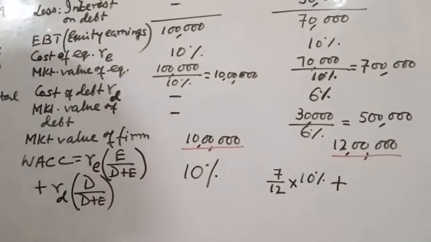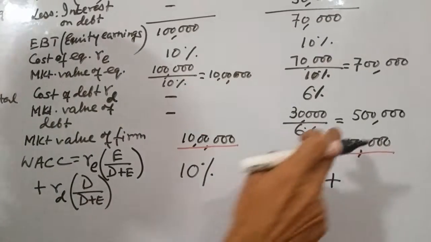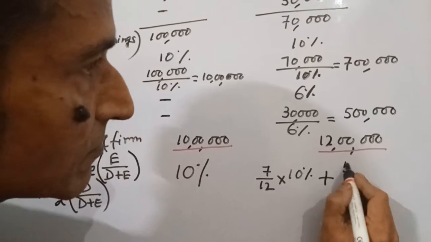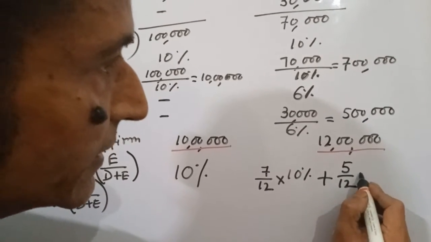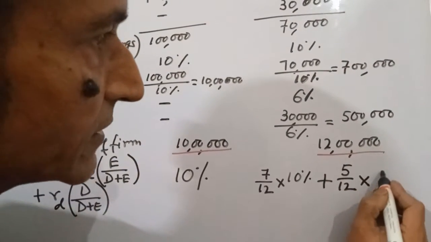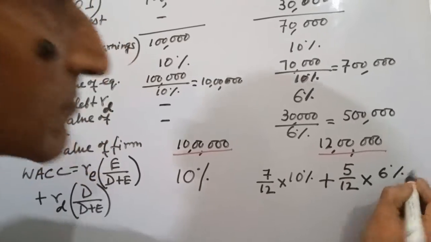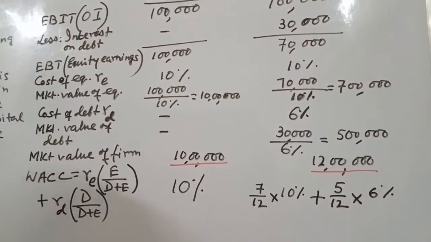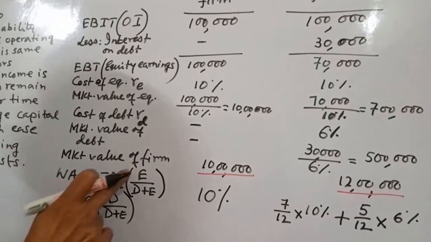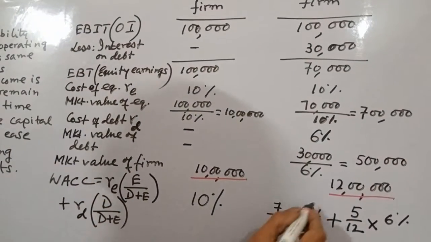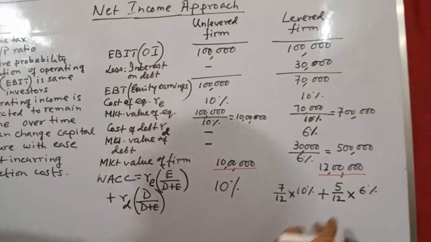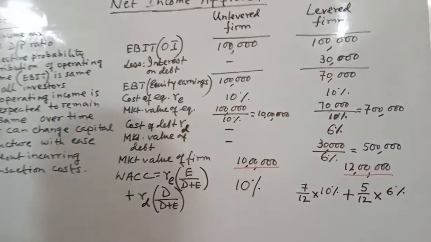plus 5 lakh by 12 lakh, that is 5 by 12, into what is the cost of debt? 6%. Sorry, cost of debt. Right? RE into E by D plus E is this one, and RD into D by D plus E is this part.